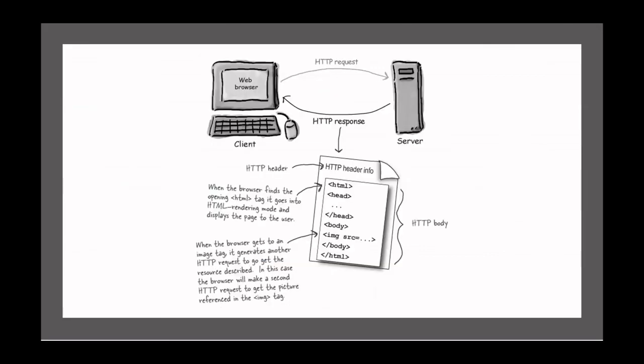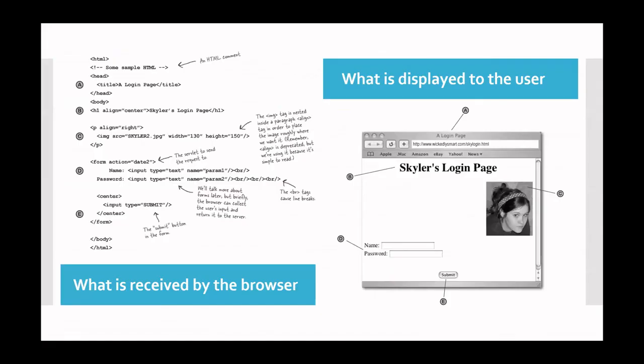Okay, now once the response is received by the browser, the final task of the browser is to look at the code inside the HTML that was sent in the response and interpret it.